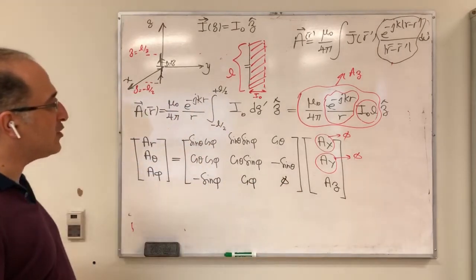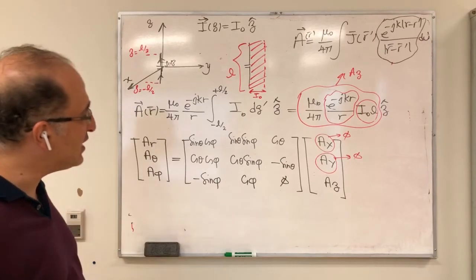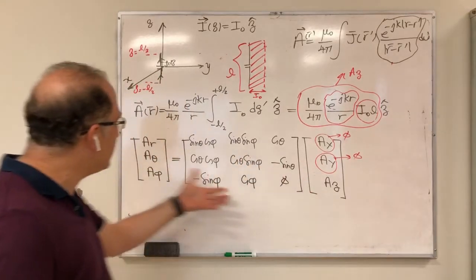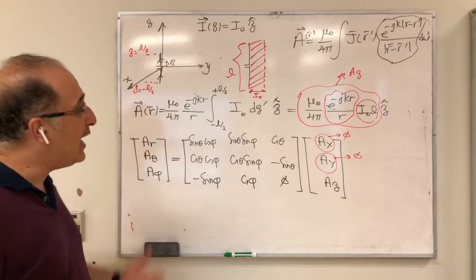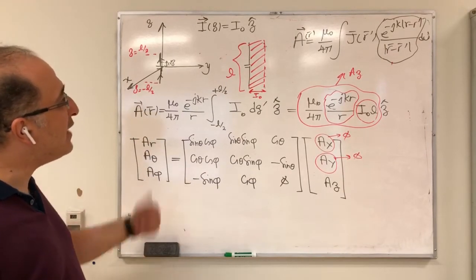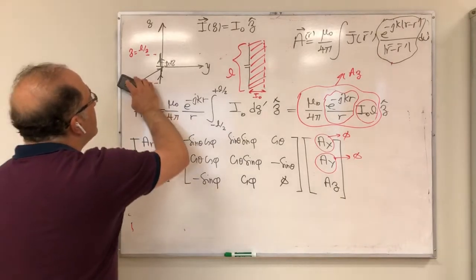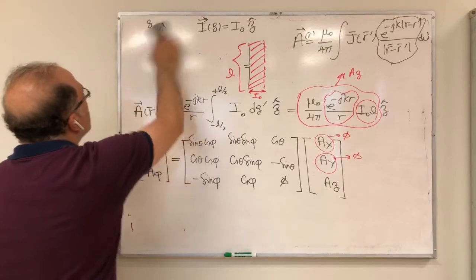So this is essentially what you have. This is the conversion matrix that takes the Cartesian coordinates and gives you back your A components. Now, let's get our A components back. To do that, let me remove this part.